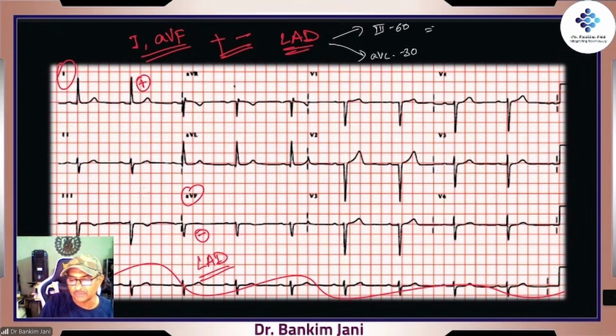But we have to watch what? 90 degrees. So here we'll be watching AVR and here we'll be watching lead number 2, correct? So lead number 2, which one is isoelectric? Which one is isoelectric? As much up, as much down. Superb. Right?